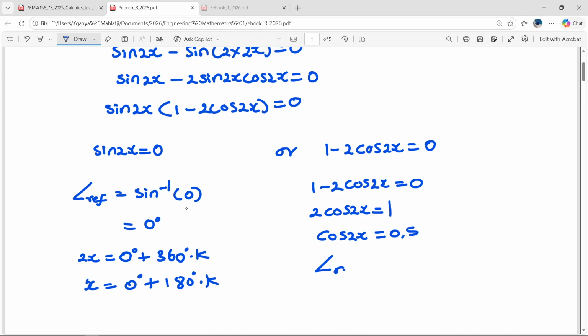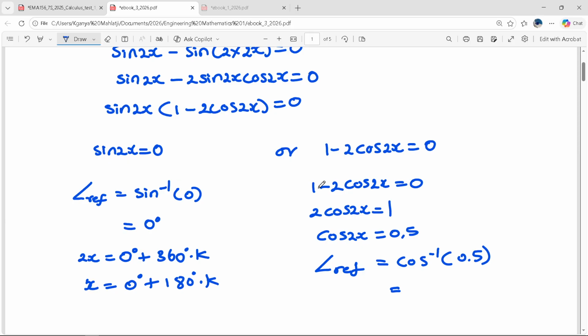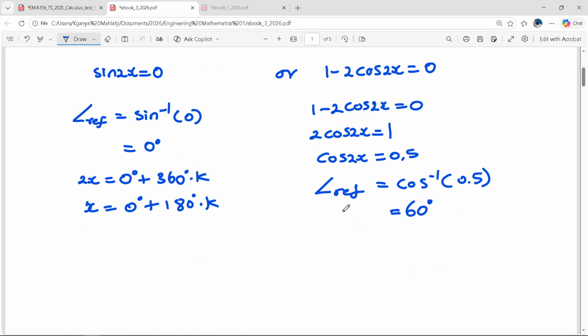Then we also determine the reference angle, which equals arc cos 0.5. I think it's 60 degrees. Yes, arc cos 0.5 is 60 degrees, so we have 60 degrees as our reference angle.